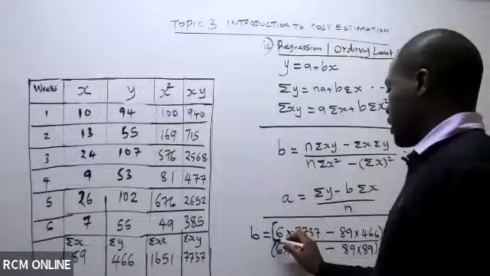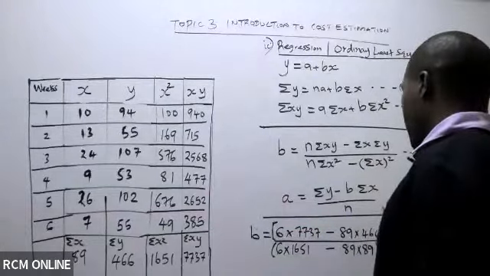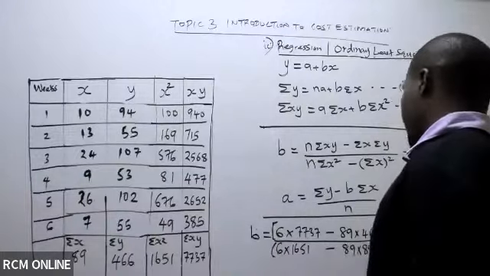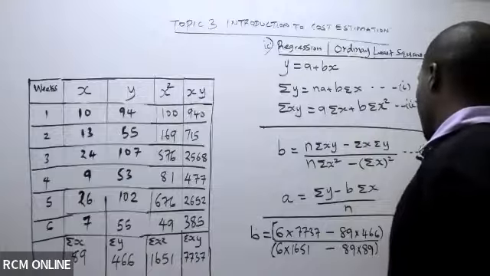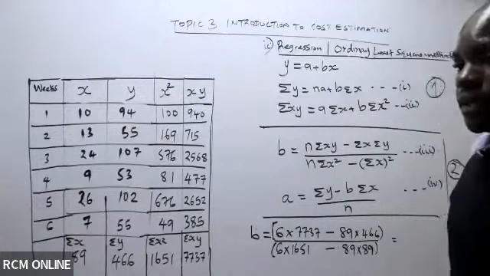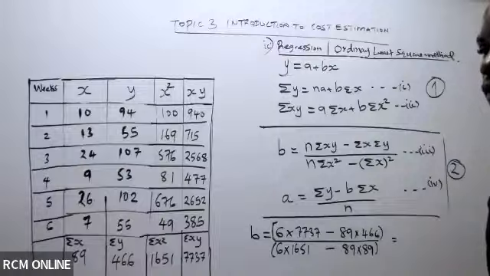Open the first bracket, write all of this, close the bracket, then say divide by, and put all of this in a bracket. Give me your answer to 4 decimal places. Your answer should be rounded off to 4 decimal places.